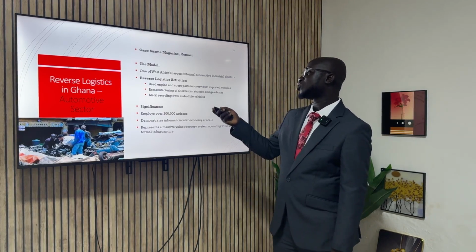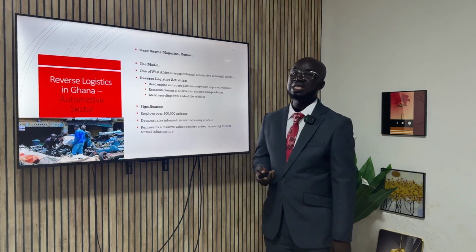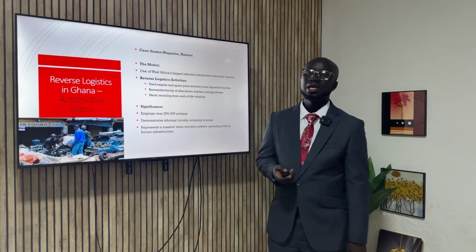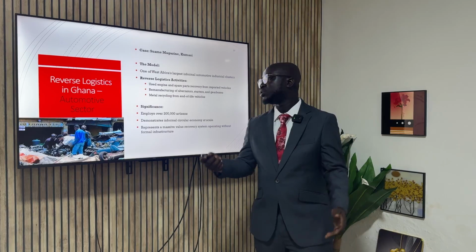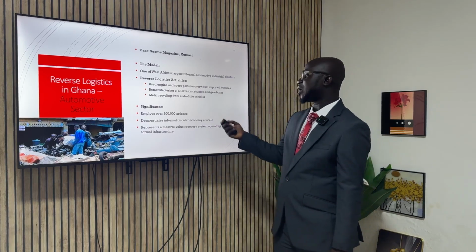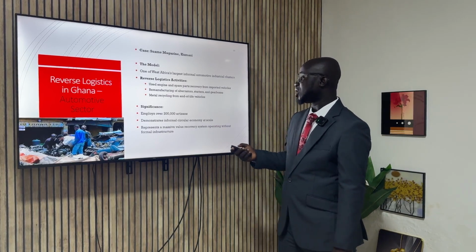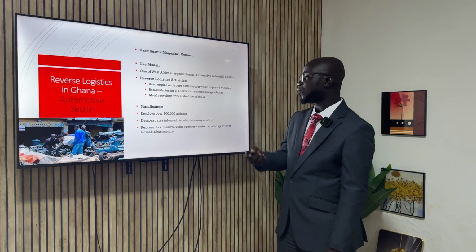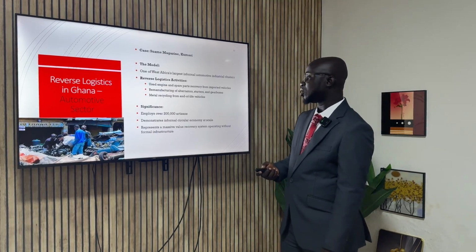They also do metal recycling from end of life vehicles. So you could see that by their activities, vehicles which have reached end of life don't just go into waste. They take some of these parts and refurbish them in a way that is useful to the economy again, or to the human economy.